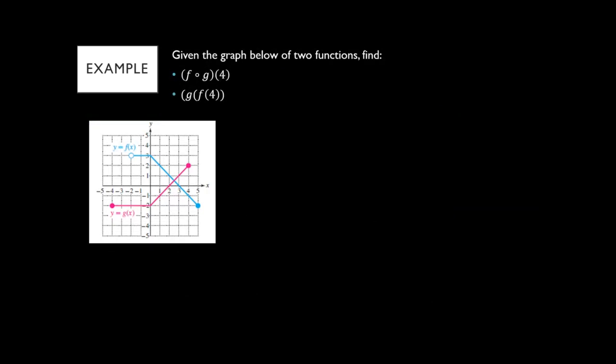Okay, so here's one where we have a graph. Sometimes you'll see this and you have to use the graph because they're not giving you the equations. So we want to find f of g of 4 and g of f of 4. So we have f of g of 4. So we have x equals 4.